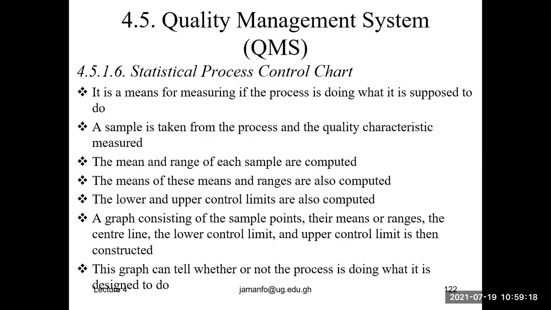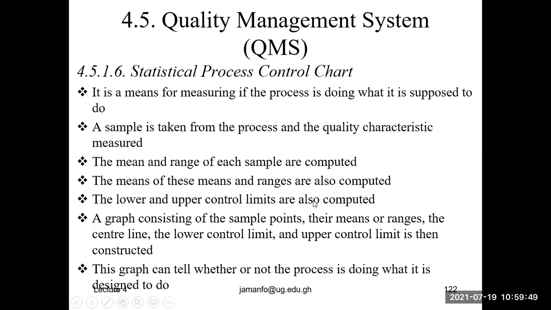Then we have the statistical process control chart. It is a means for measuring if the process is doing what it is supposed to do. A sample is taken from the process and the quality characteristics measured. The mean and the range of each sample are computed. The means of these means and ranges are also computed.